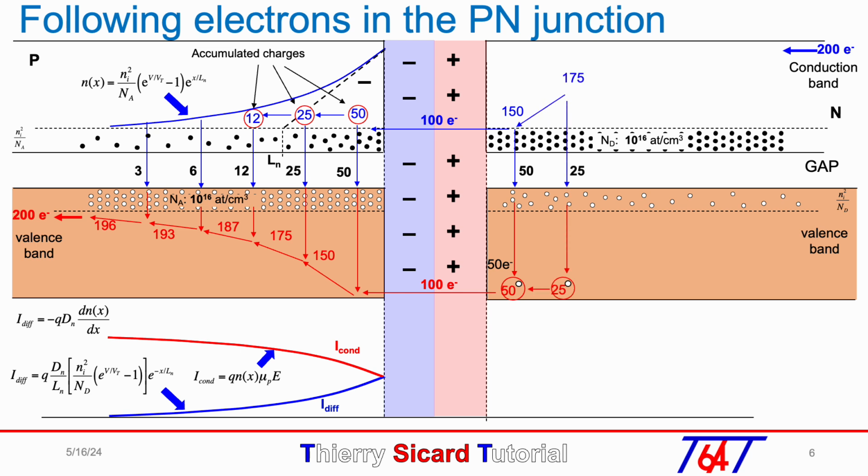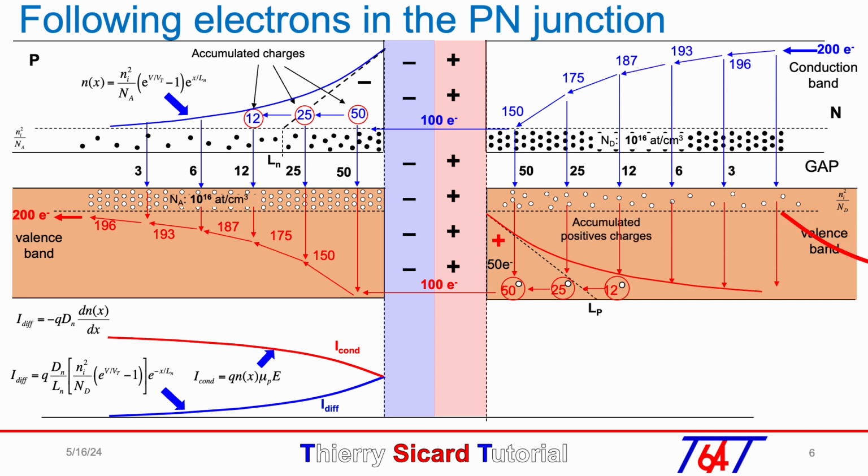All the electrons taken in the n-side valence band create an accumulation of positive charges. We do the same to get conduction and diffusion currents based on carrier concentration. Of course, the total current is the sum of conduction and diffusion currents.